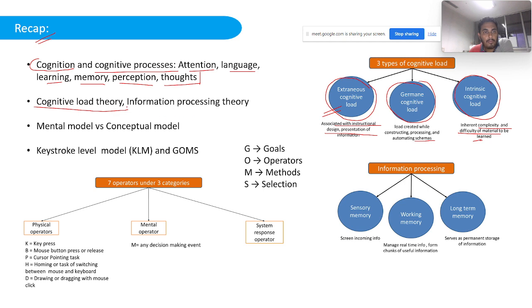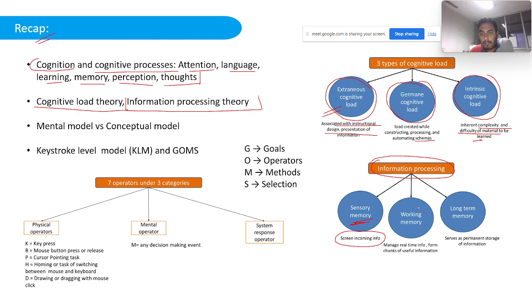We also discussed information processing theory, which describes that there are three types of memories involved while processing information. One is sensory memory, which is related to our senses, our sensory organs, like ears and eyes. So all visual and auditory information is analyzed based on sensory memory.